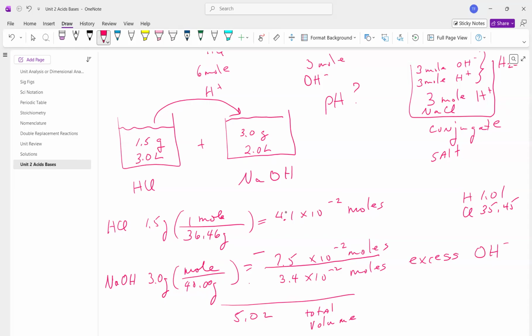Okay, so we have the OHs in excess, because 7.5 is bigger than 4.1.